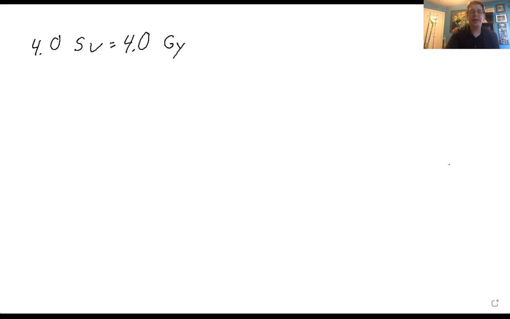And it is Gy? Yes, it's Gy. And yeah, so they're equivalent to each other when the quality factor equals 1. And so basically it's defined to be 1 for X-rays and gamma rays. Okay, so now let's move on to another example.